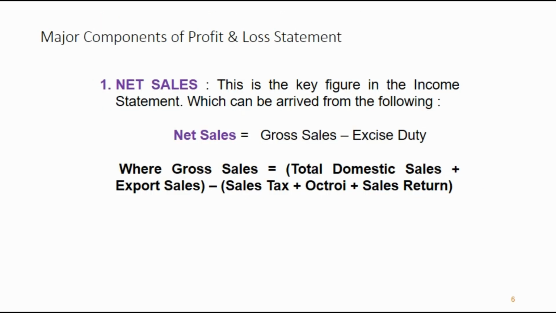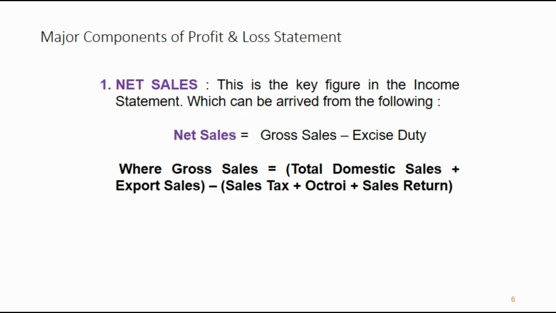Now, major component of profit and loss statement is net sales. This is the key figure in the income statement which can be arrived from the following. Net sales is equal to gross sales minus excise duty. Now, gross sale is equal to the total domestic sales plus export sales minus sales tax, octroi or sales return.